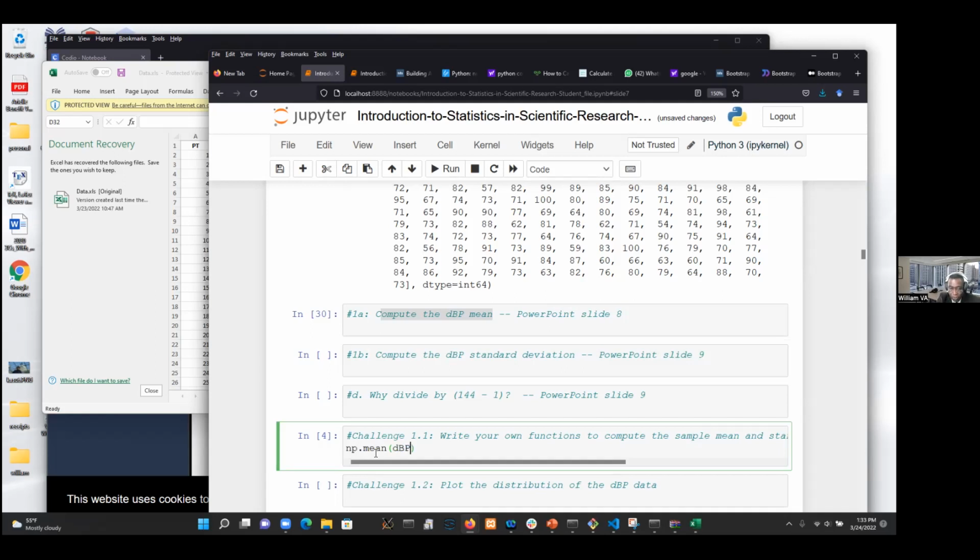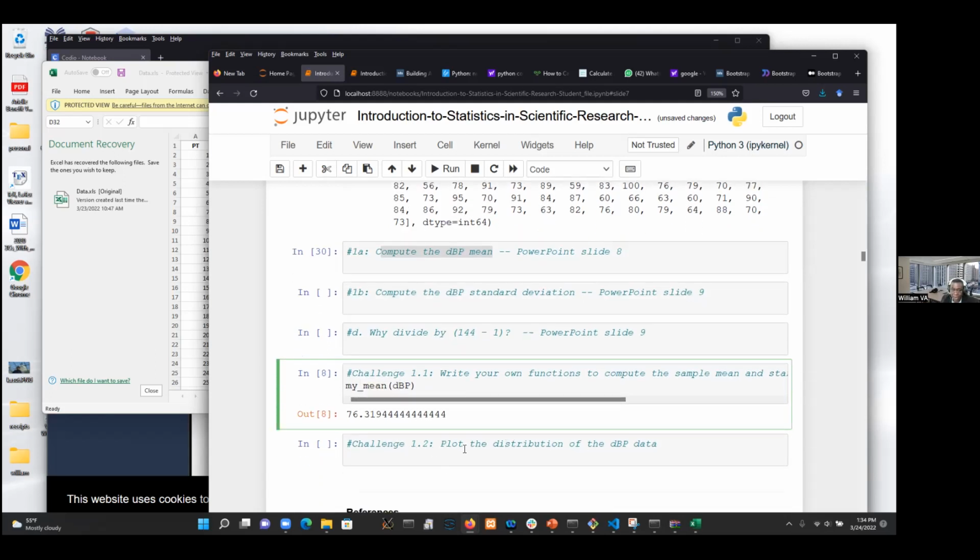So your function is going to be like my_mean, instead of np.mean from NumPy, so that when it's called on the data, it gives us an output. And then we want you to also plot. We're going to give you about 5 minutes, try setting it up, try running it, and then we'll come back.